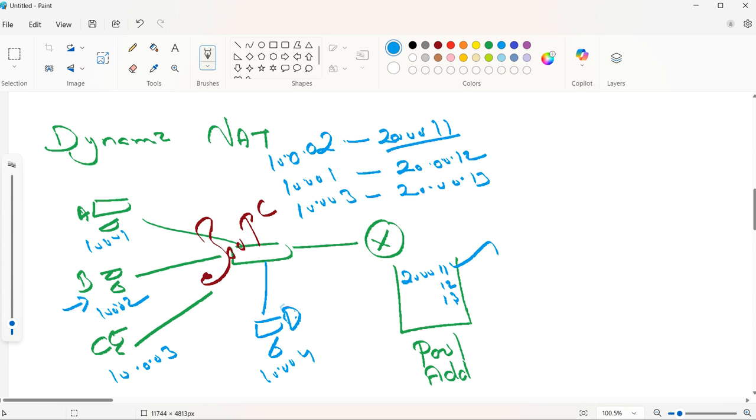Now let us say B has finished the conversation. So the address will be released. Which address will be released? This address will be released because B has finished the conversation.